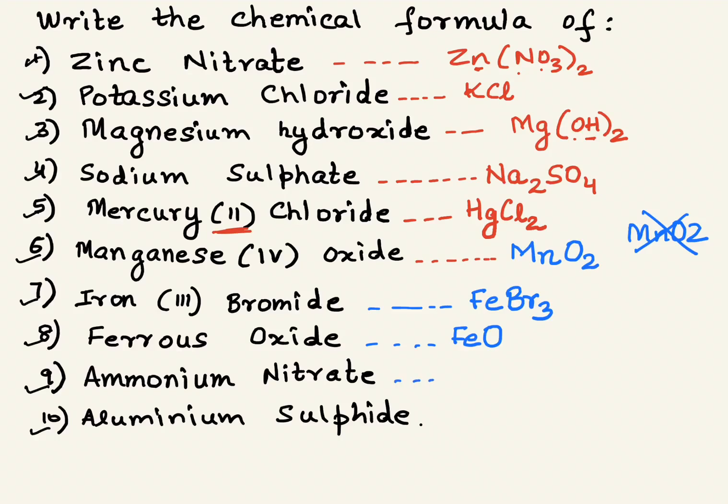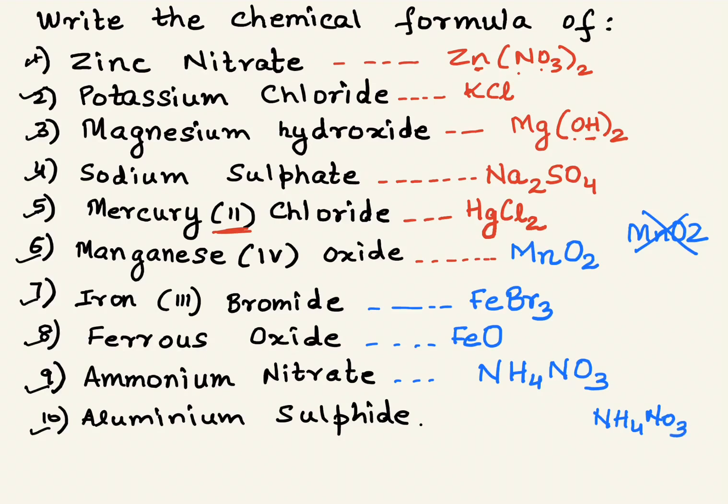Ammonium nitrate. Now here's another tricky one. N capital, H capital, 4 at the foot. Again N capital, O capital and 3 over here. In my experience, what many students do is they will write it like this: N, O over here and a 3 like this.